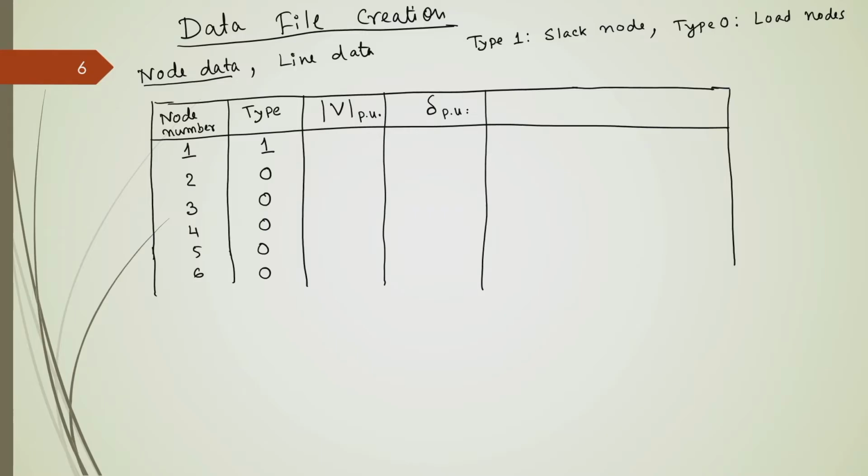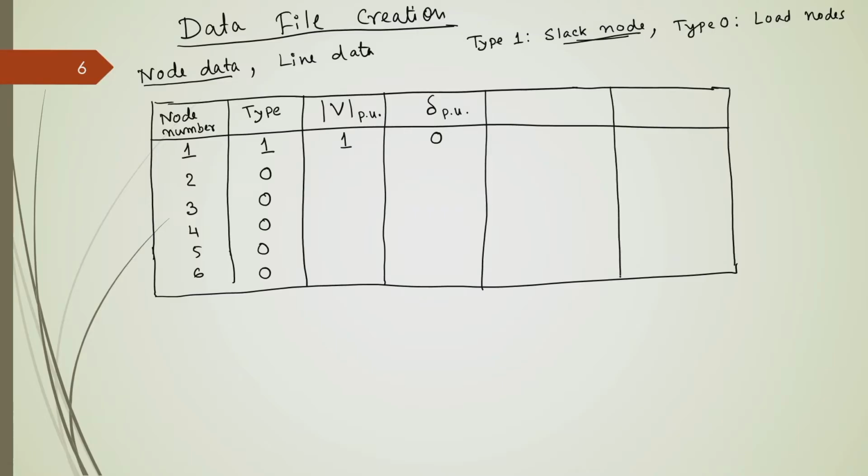As we know, for the slack bus or slack node, the voltage and angle are specified. These are known quantities, so I can write them as 1 at an angle 0. For other nodes, we do not know the value of V and delta, and we are supposed to determine these. That is the goal of this load flow approach.